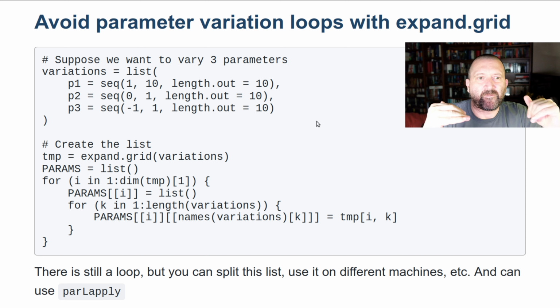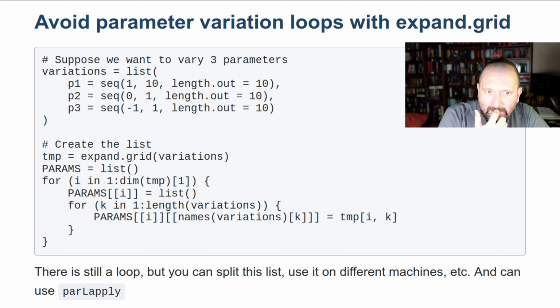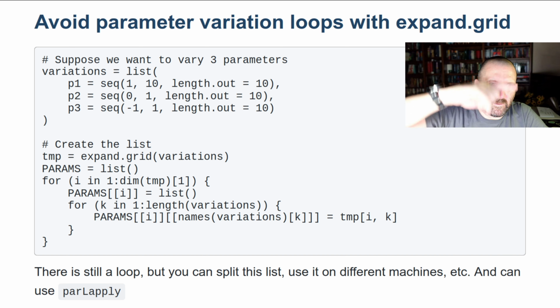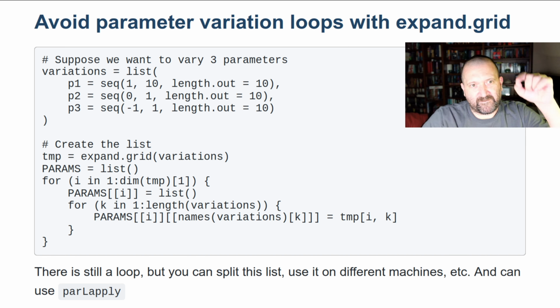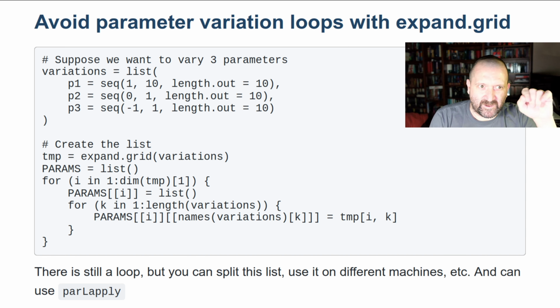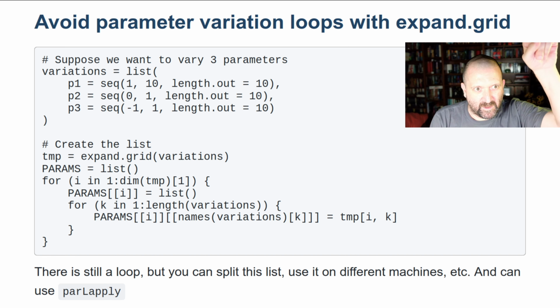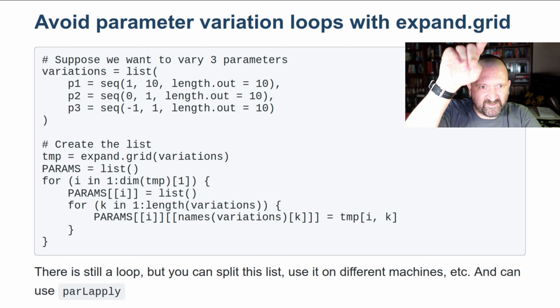So what it's going to make is a matrix that has, in this case, 10 times 10 times 10 entries, and where the first column will be the individual variations of P1, and it goes from the rightmost to the leftmost. So the first column will have 1, 1, 1, 1, 1 several times. The second column will have 0, 0, 0.